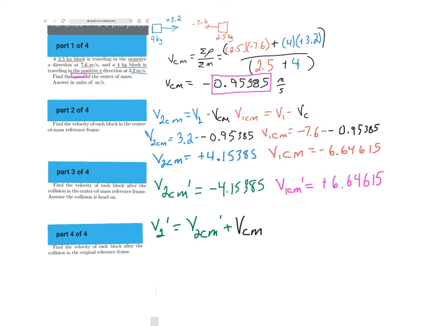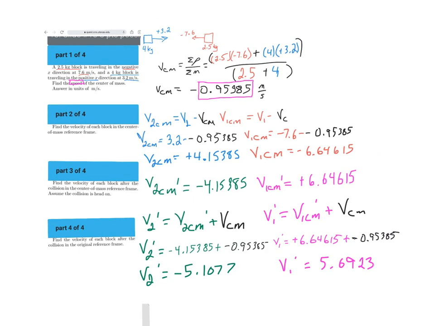Likewise, V1 prime is equal to V1 cm prime plus VCM. Plugging in those numbers, V2 prime is negative 5.1077 and V1 prime is 5.6923. And that's it.